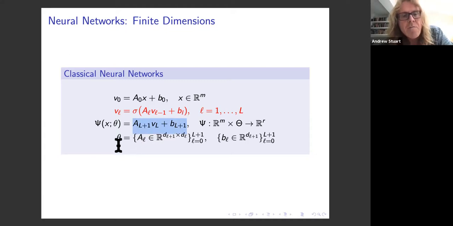And the parameters of the network are made up of all of these linear or affine transformations. So the matrices, the uppercase A's, and the vectors B's.